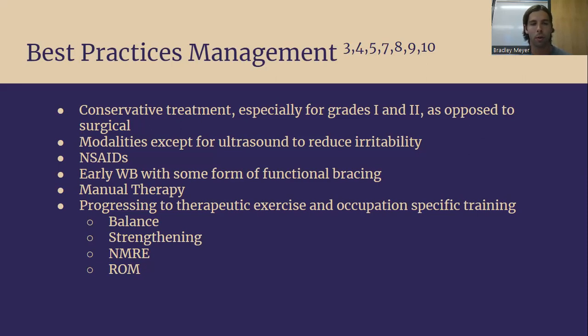Medication can be used to reduce pain. Early weight bearing with some kind of short-term functional bracing, manual therapy, and then when the patient can tolerate therapeutic exercise, progressing to occupation or sport-specific training that includes things like balance, strengthening, neuromuscular rehab, and range of motion.